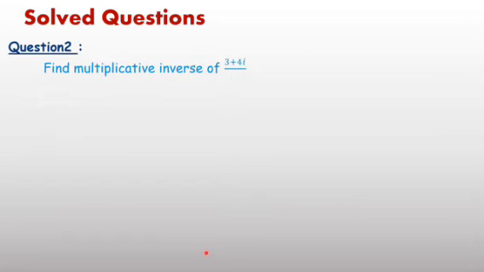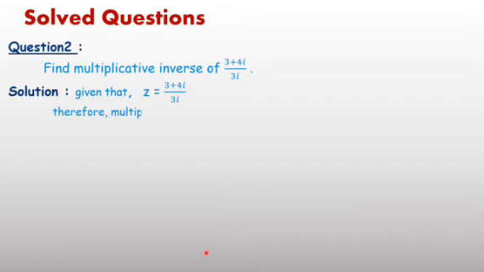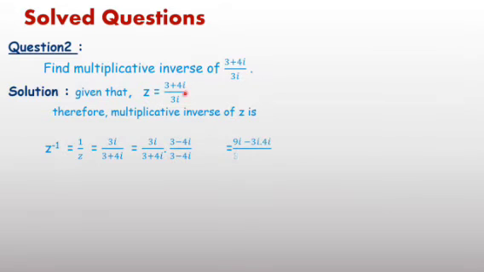One more example. You have to find the multiplicative inverse of the given complex number. Multiplicative inverse means z inverse, which we can write as 1 upon z. Here z equals 3 plus 4i, so 1 upon z is the reciprocal, 1 upon 3 plus 4i.